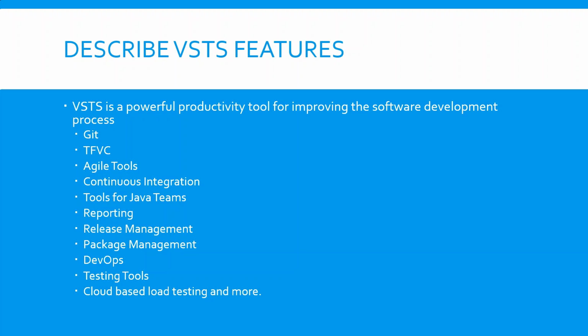For that, TFS is better from a reporting standpoint, because with TFS we can integrate the reporting service and show the reports through it. But in VSTS we can use the inbuilt reporting tools.